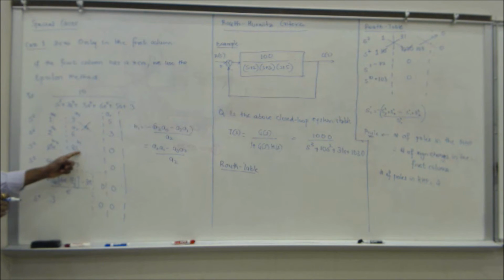This one? It's this 6 epsilon minus 21 over 3 over epsilon.